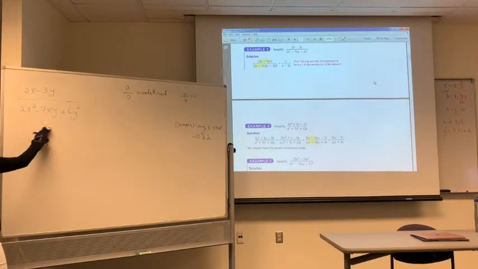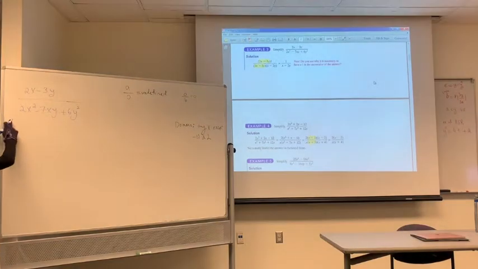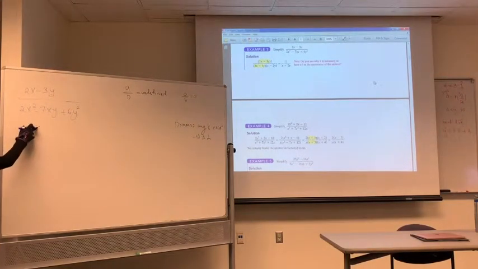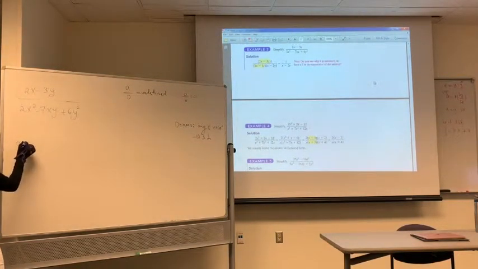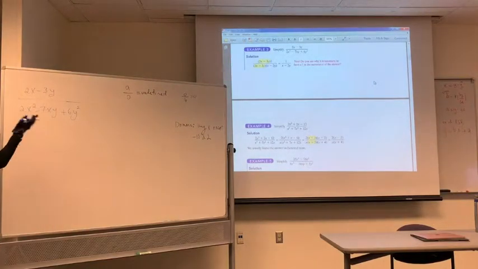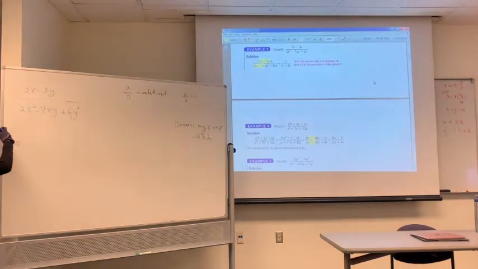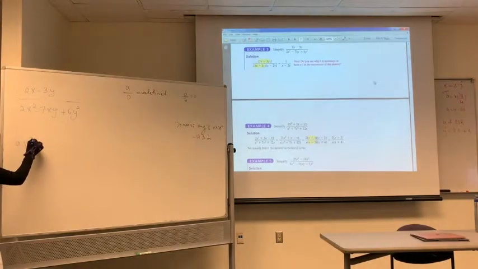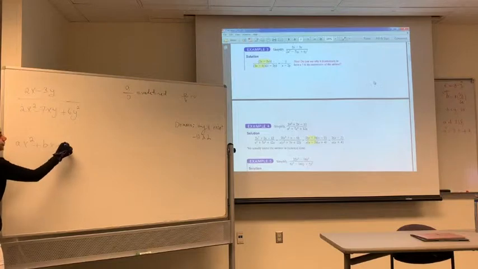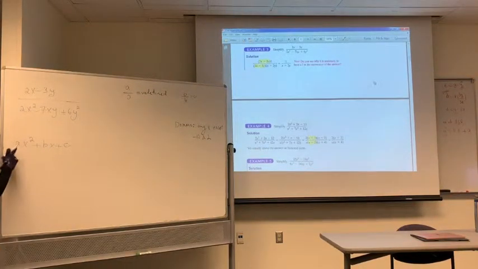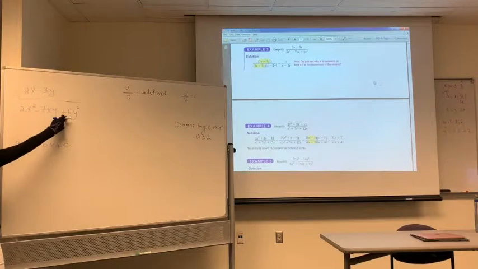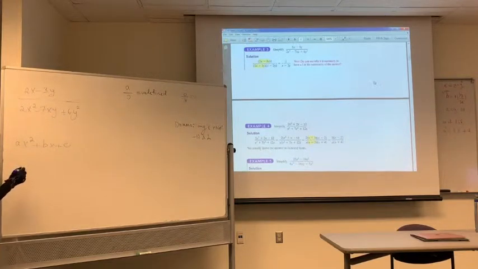Okay, so let's work on this and factor this polynomial to see how we can factor it, just as an example and review. Because we don't have anything in common between all of them, we should use one of our methods from the previous chapter, and the method is this one. Correct? So A is 2, C is 6y squared.